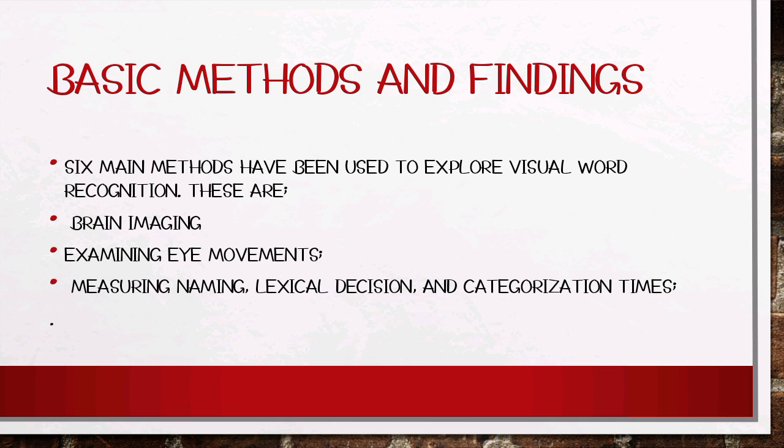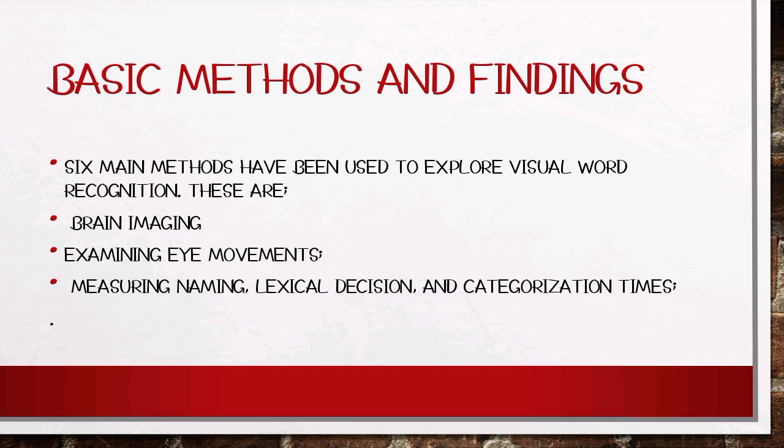Number 3. Measuring naming, lexical decision, and categorization. These behavioral measures involve recording how quickly participants respond to tasks related to word processing. Naming: participants say the word aloud as quickly as possible.